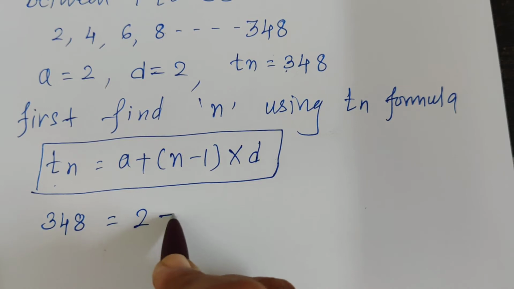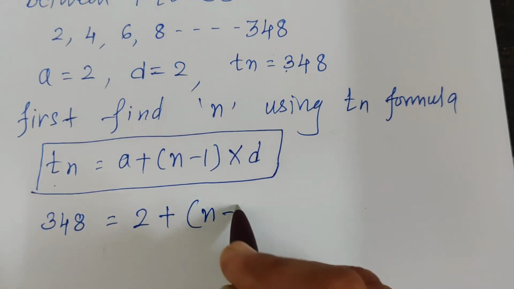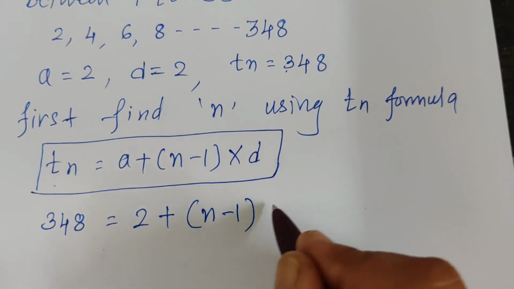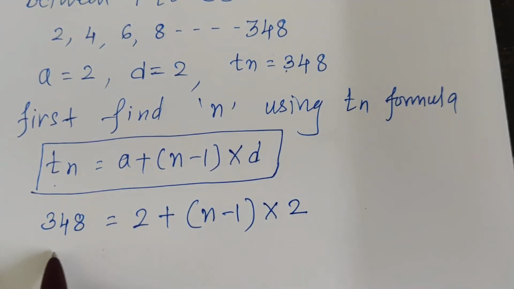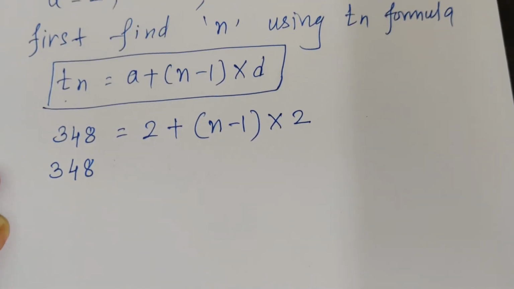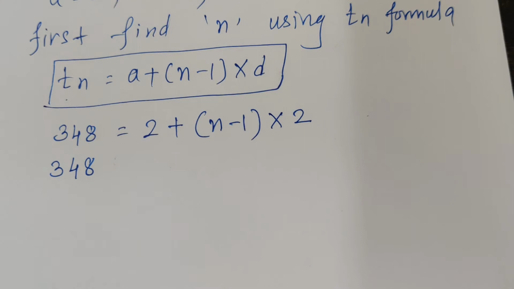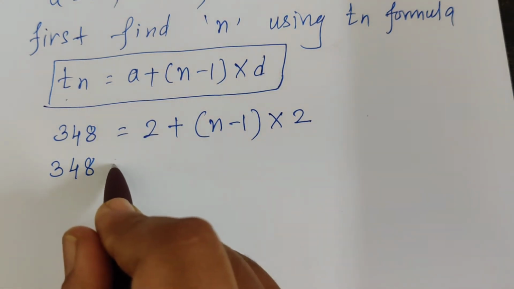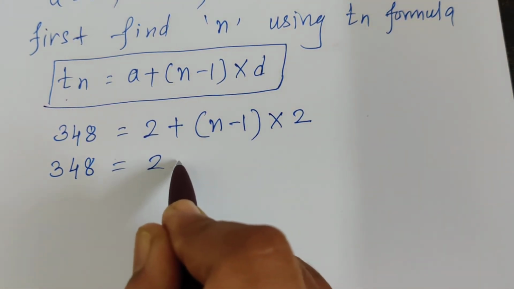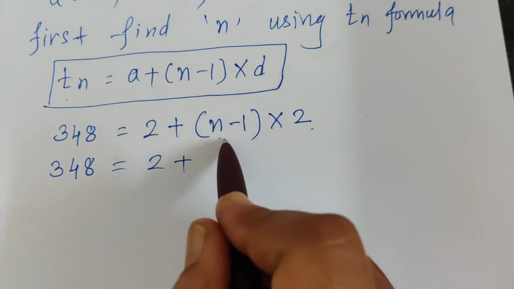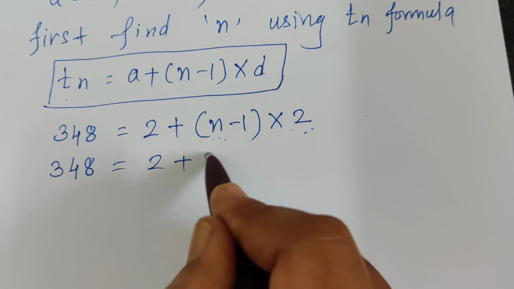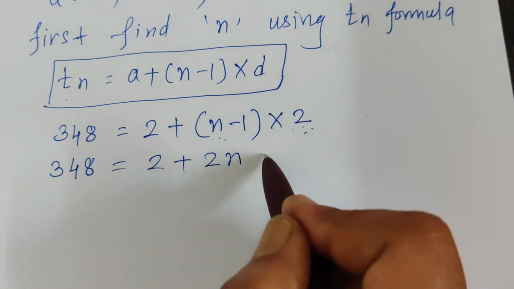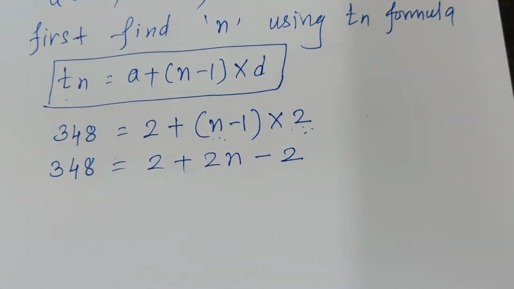Equal to a, which is 2, plus (n minus 1), we don't know n, so it will come as it is, multiplied by d, that is also 2. We'll complete the calculation. 348 equal to 2 plus, always you should carry out multiplication first, 2 multiplied by n, that is 2n, 2 multiplied by minus 1 equals minus 2.